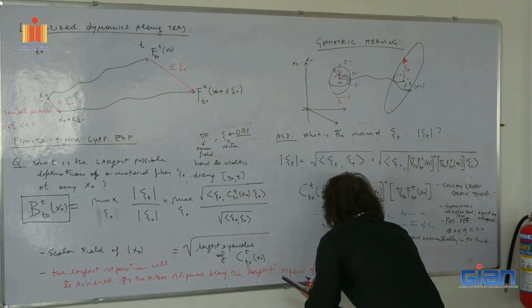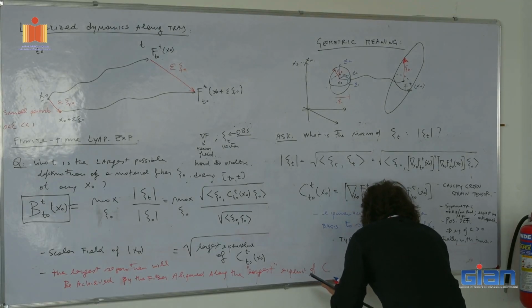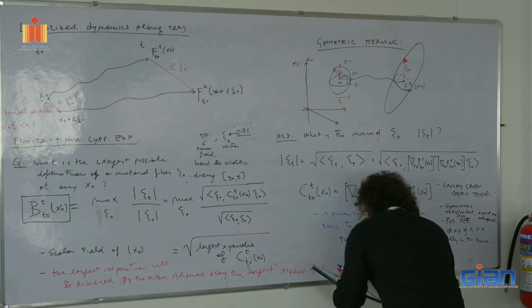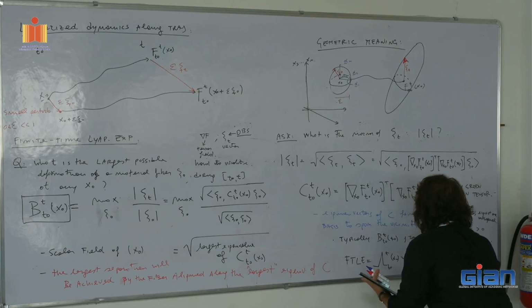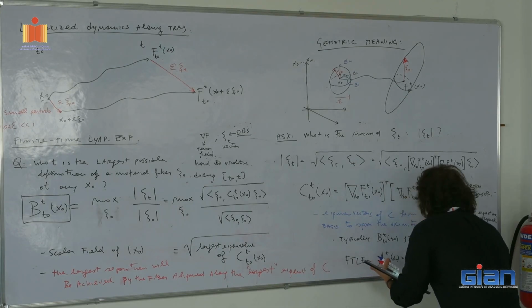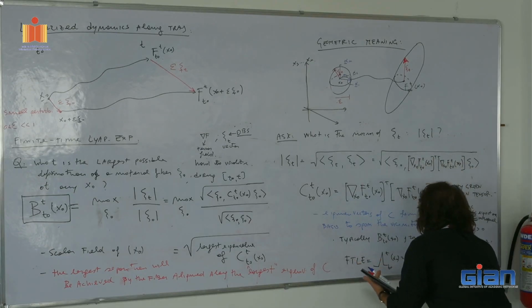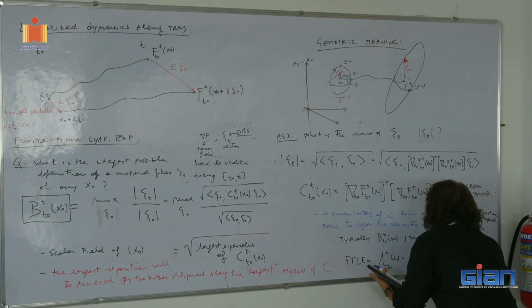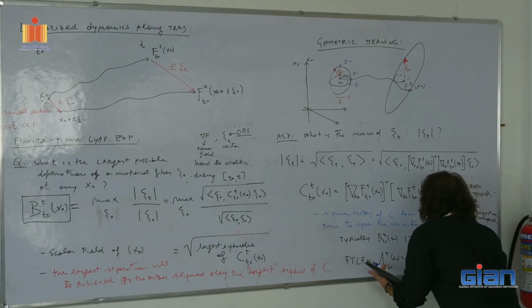Therefore, you can define the finite time Lyapunov exponent, sigma t0 t of x0, which is nothing else than the log of the square root of the largest eigenvalue of C, divided by t minus t0. B is already the square root.